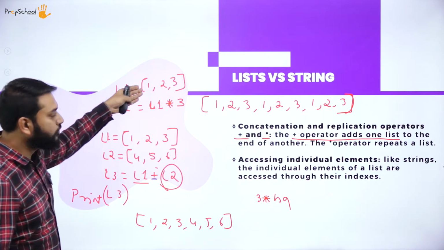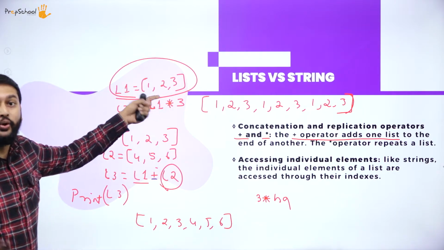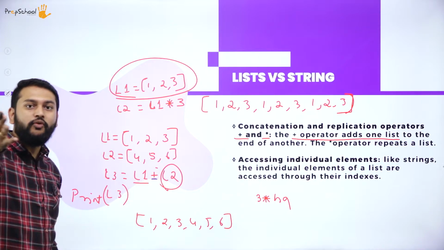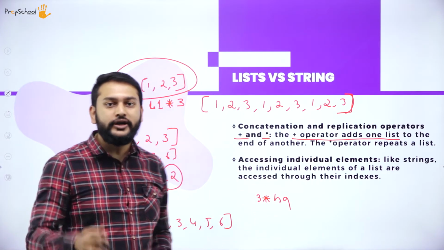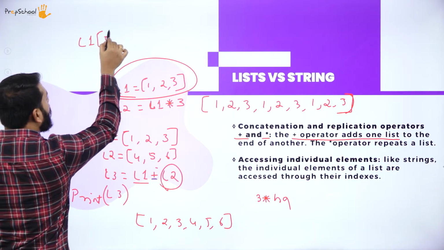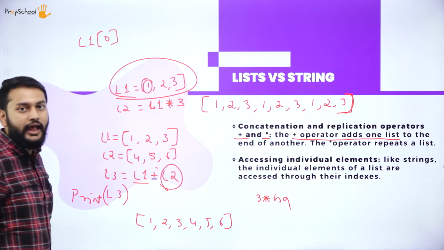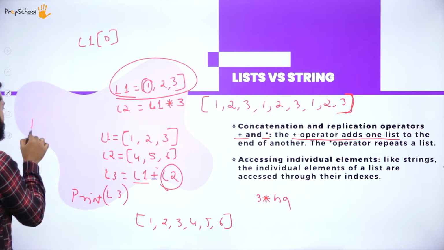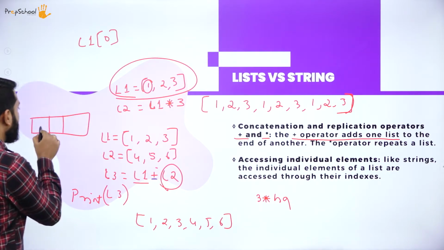So let's imagine this is the list that I have. How do I access the individual element? With the help of index. The same way we were doing with strings, the same thing we can do here. So L1 of 0, in the sense, the first element that I have. Why, sir? Because please observe, the representation of the elements inside the list will happen like this.